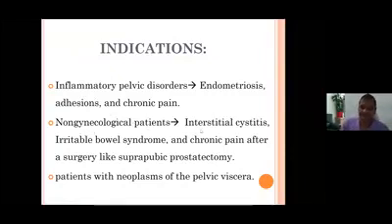In non-gynecological patients, interstitial cystitis, irritable bowel disease, chronic pain after surgery like suprapubic, and patients with neoplasm of the pelvic viscera, such as ureter, bladder, prostate, and other pelvic viscera.